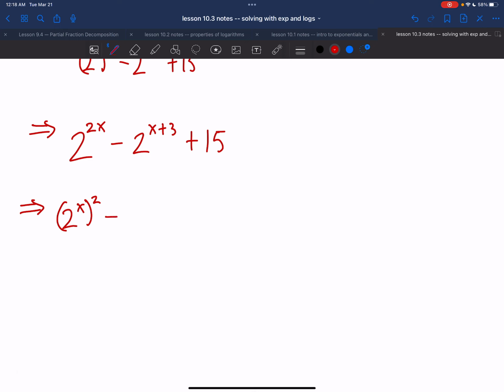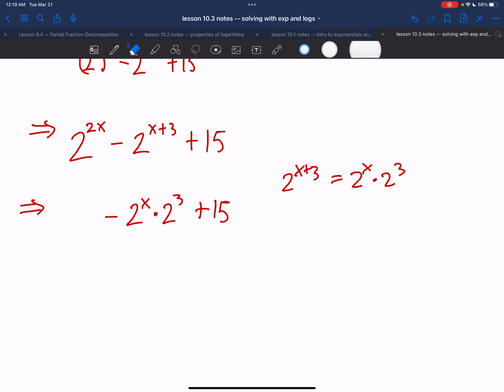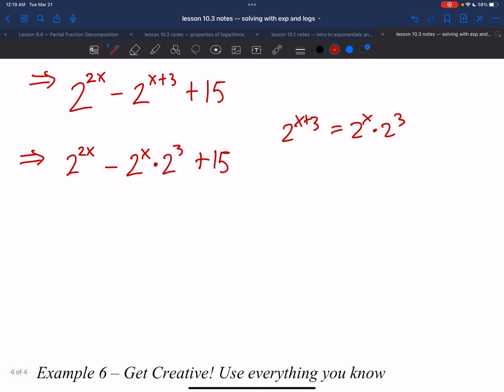Now, if it's 2 to the x plus 3, I can split that up as 2 to the x times 2 to the 3. So this is 2 to the x times 2 to the 3 plus 15. I'm going to do that in the next step. Now, what is 2 to the power of 3? It's 8. So look, 2 to the x, squared, minus 8 times 2 to the x, maybe I'll put this in parentheses, plus 15.